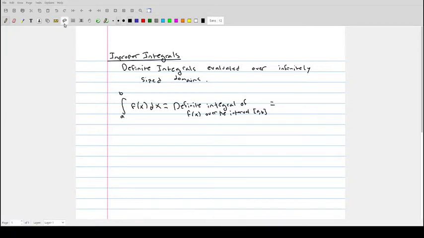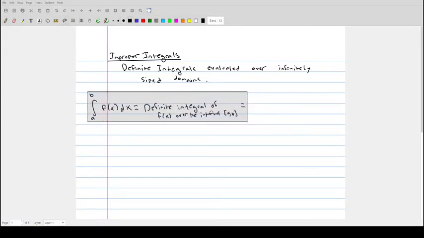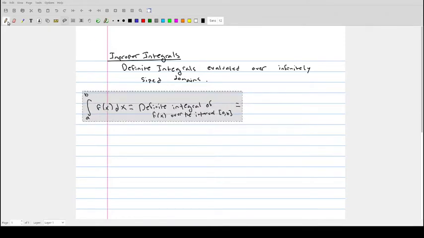And we've seen through numerous examples that this is the same thing as the accumulation of the function, or the net area of f of x on the interval from a to b.